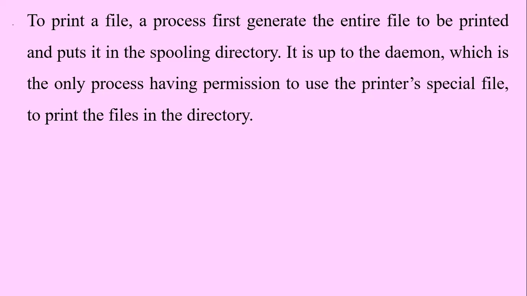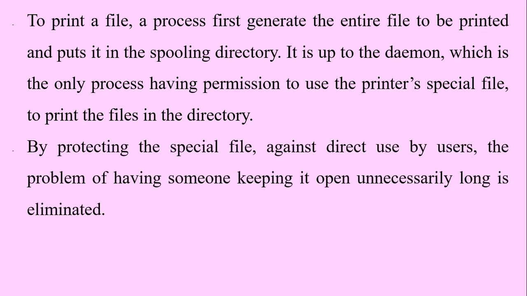It is then up to the daemon, which is the only process having permission to use the printer's special file, to print the files in the directory. By protecting the special file against direct use by users, the problem of having someone keeping it open unnecessarily long is eliminated.